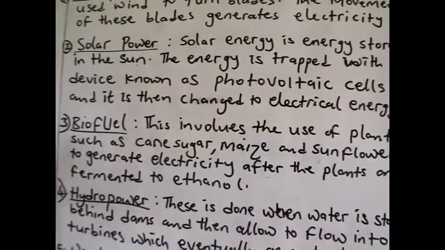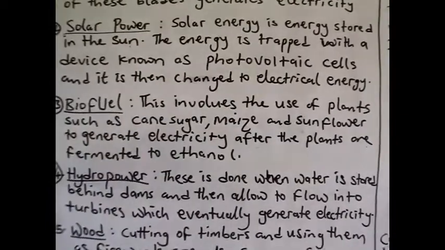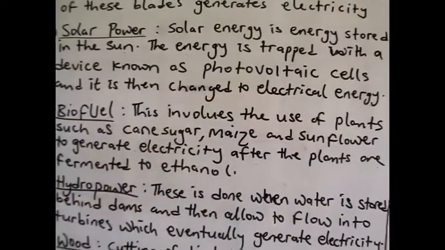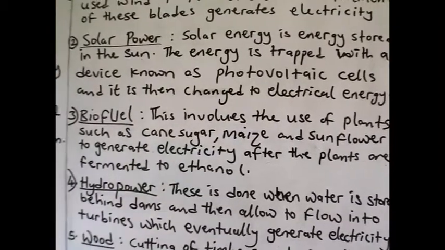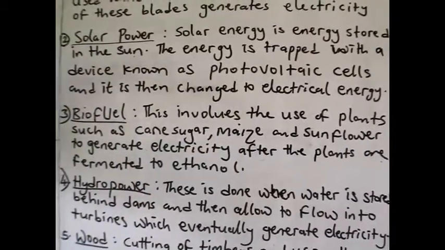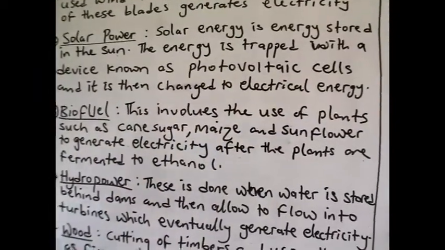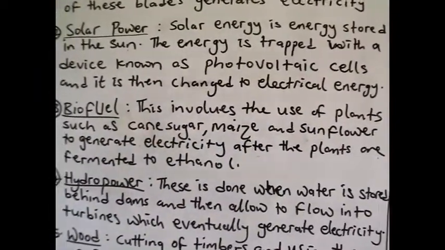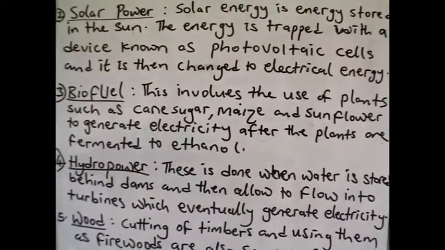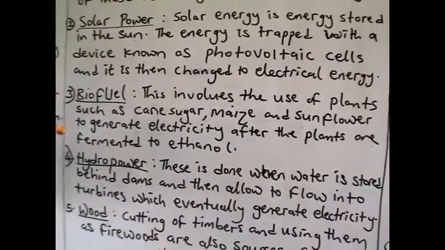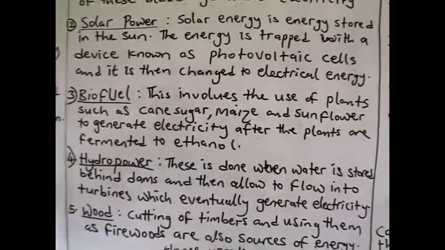This photovoltaic cell will extract that sunlight, store it, and later it is converted to electricity. When you look at the street lights today, you see that they all have panels. Those panels are what we call the photovoltaic cells. These cells store the energy and convert it to electrical energy, which is usable. After it is used, the panel can still repeat itself. That is why it is renewable.